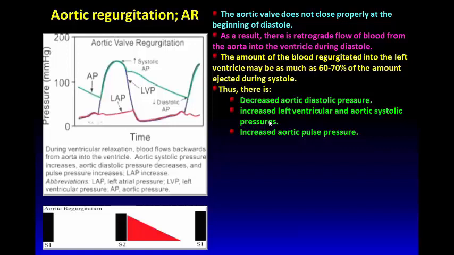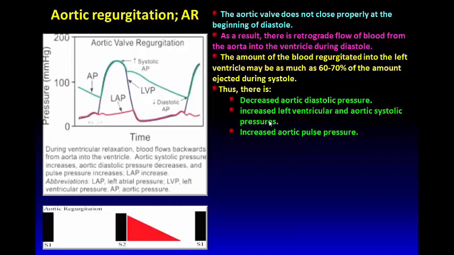During diastole, the left ventricle is also receiving blood from the left atrium. So the regurgitant blood from the aorta is added to the diastolic filling volume of the left ventricle from the left atrium.